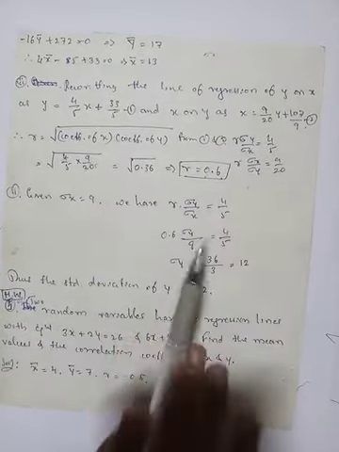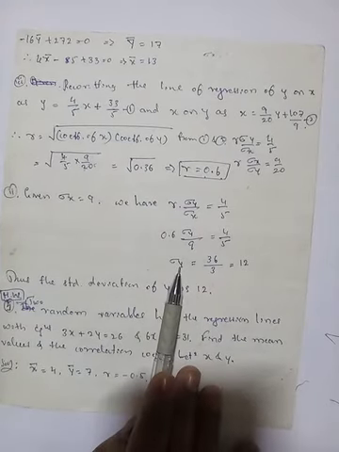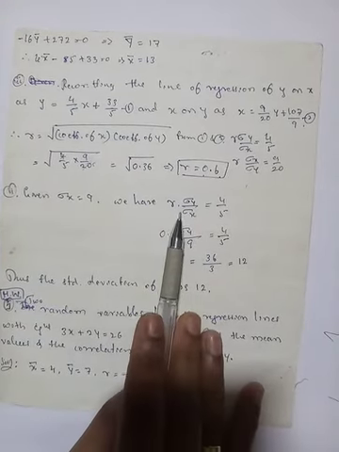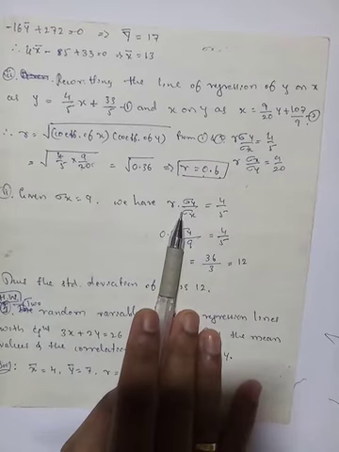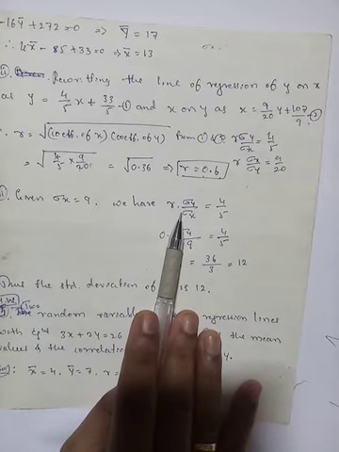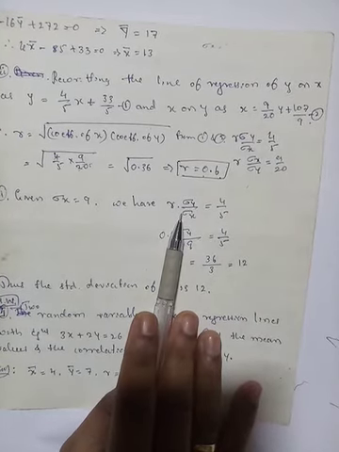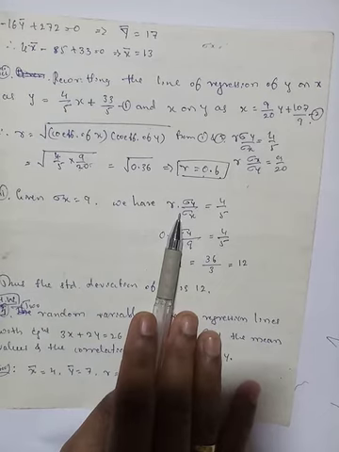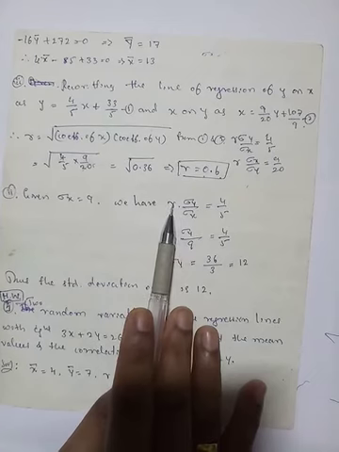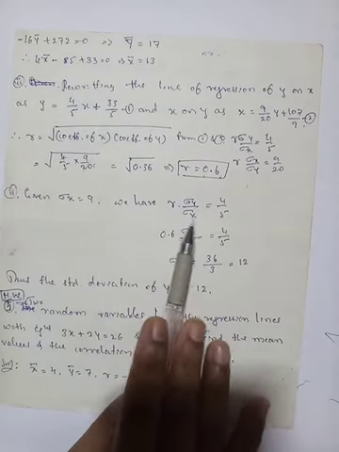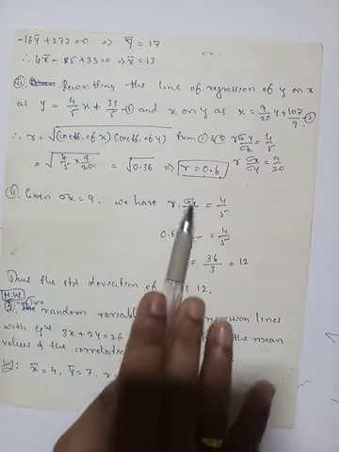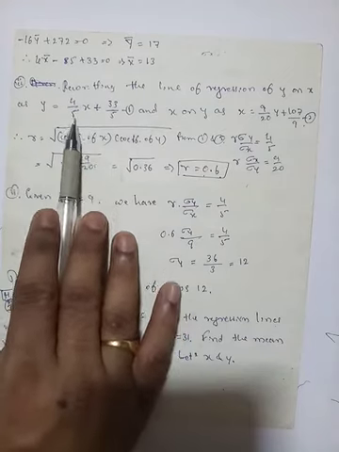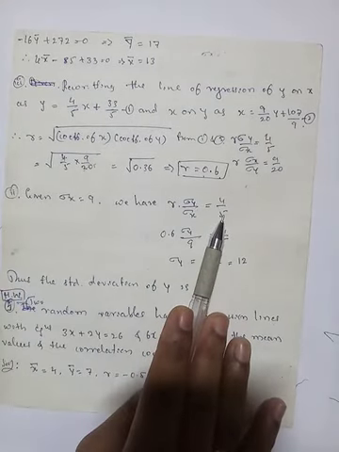Then how do we find the standard deviation of y? This is the formula. This is the regression coefficient of x, and this point you remember. The regression coefficient of x is r into sigma y by sigma x. So the regression coefficient of x here is 4 by 5.